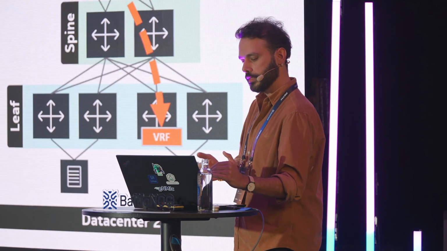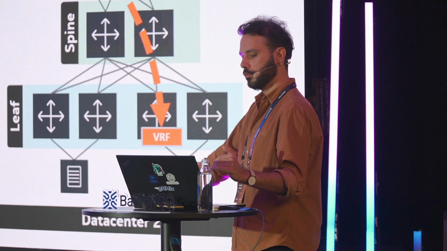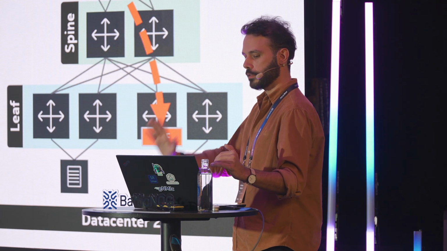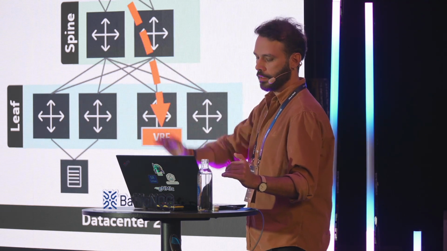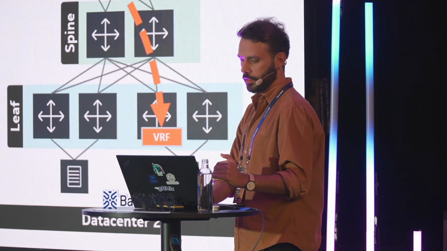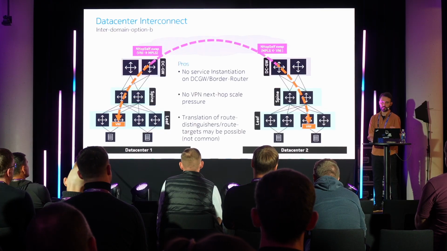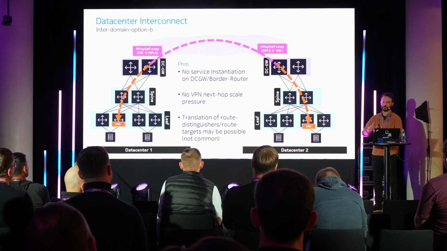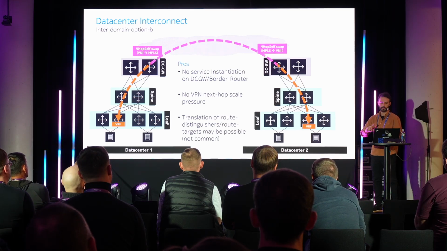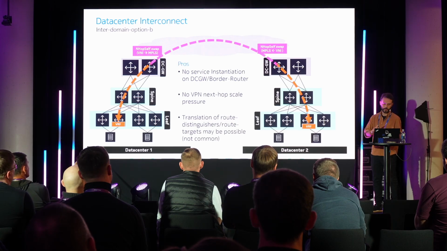Data center 1 sees all data center 2 routes as next hop DC. This brings some advantages. So basically, there is no service instantiation required on the gateways. Gateways are just doing label swap, VNI to MPLS, pop, push, or vice versa.